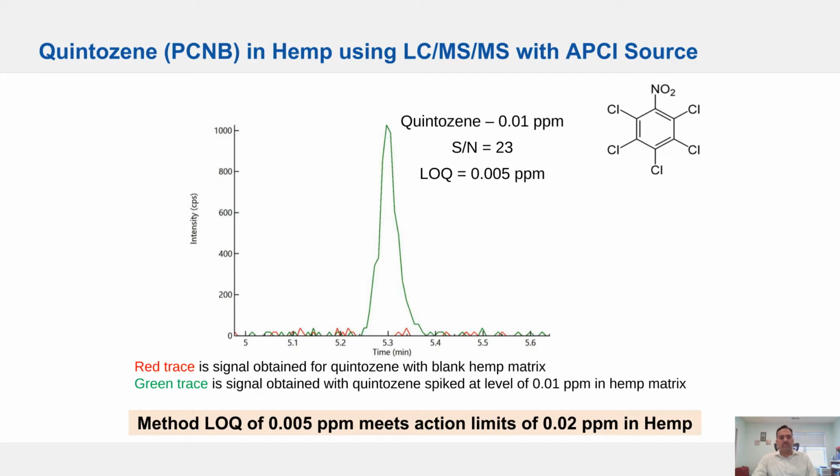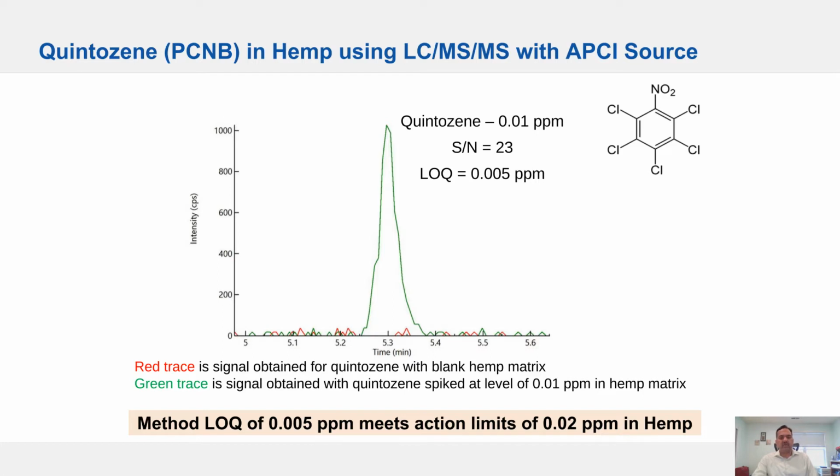And after optimizing our method, we get excellent detection limits of 0.005 ppm in hemp. Also, not only our method is sensitive, but it is also very selective for this compound using APCI ion source. So if you look at the red trace, which is obtained using the blank hemp matrix, you will notice that the blank hemp matrix shows very low signal.